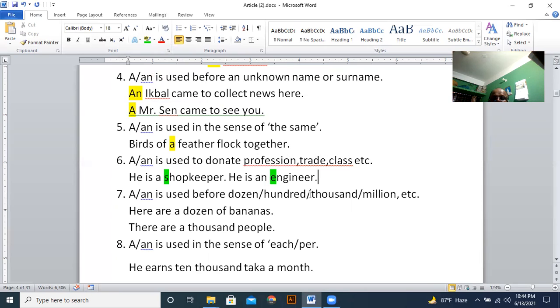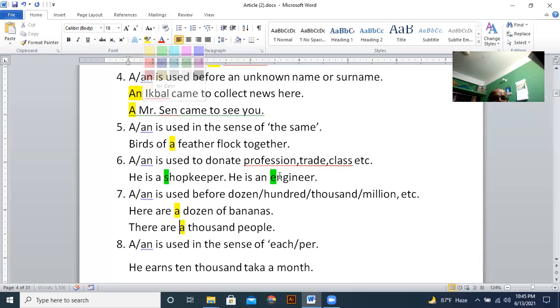Now, serial number 7. A or an is used before dozen, hundred, thousand, million, and so on. If you find these in a sentence, you have to use a or an. Now look, here are a dozen of bananas. There are a thousand people. Before dozen or thousand, you have to use a or an. Okay.